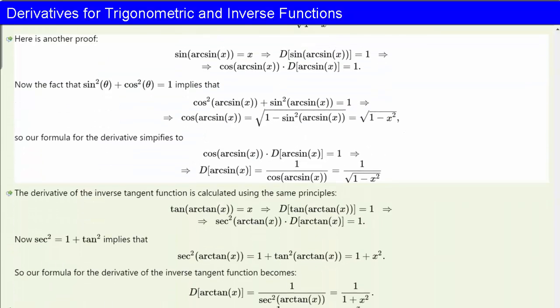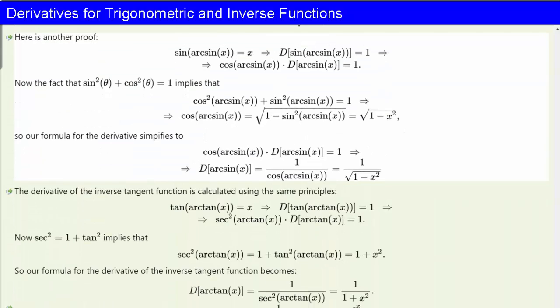If you find this argument a bit difficult, here's another proof. Write sine arcsine x, the composition of sine and arcsine applied to x, is identically equal to x, and differentiate this identity to get that the derivative of the composite sine preceded by arcsine x is identically 1.